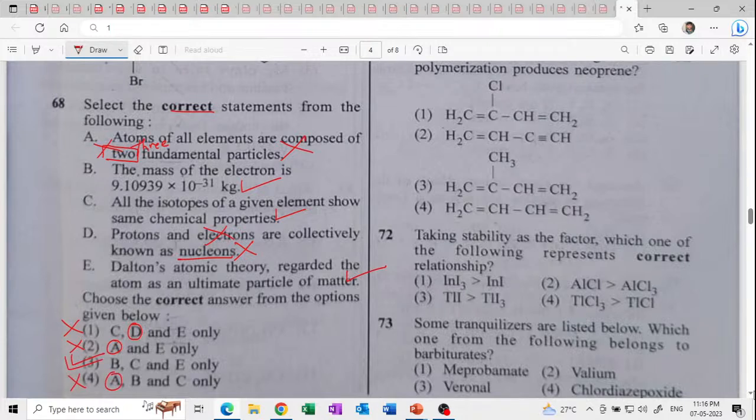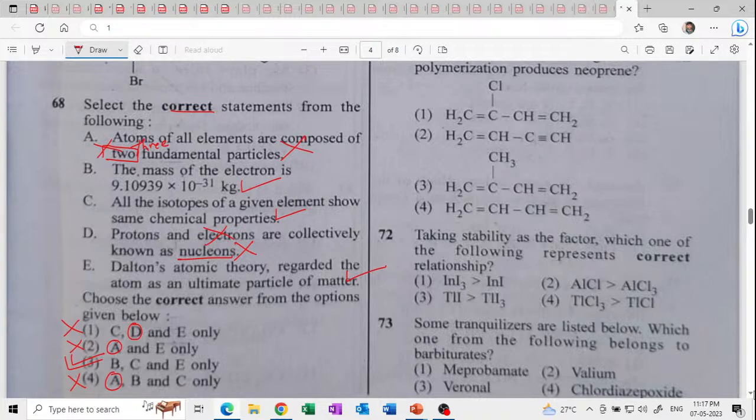Once again, select the correct statement from the following. This is the question from the structure of atom. Atoms of the element are composed of two fundamental particles. No, it is not two, it is three fundamental particles: the proton, neutrons, and the electrons. The mass of electron is 9.1 into 10 raised to minus 31 kg. Yes, this is correct. All the isotopes of the given element show the same chemical property. Yes, this is also correct.